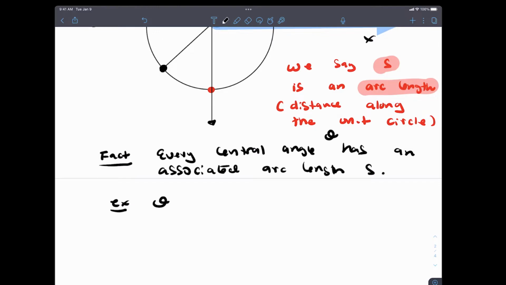Remember, if theta is 45 degrees, they're going to ask us, what is S?